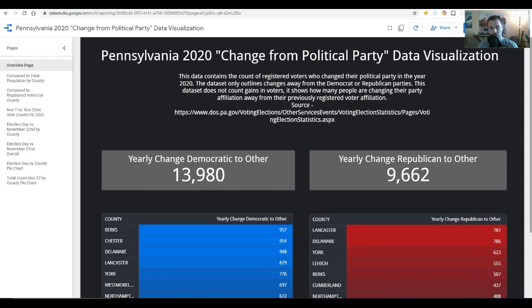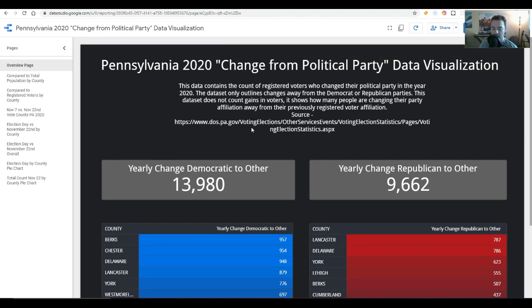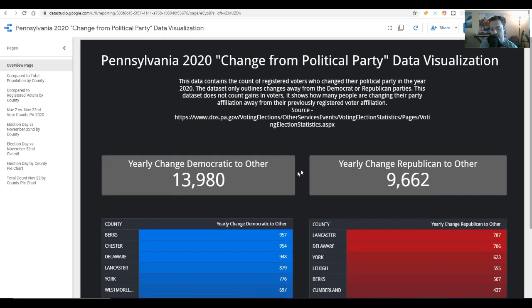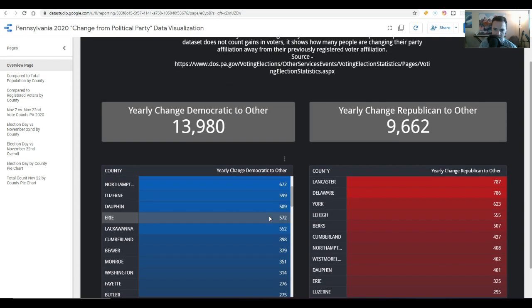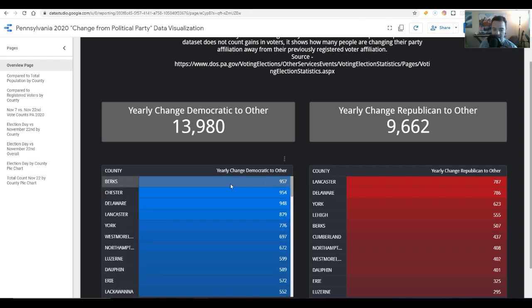Let me explain this first page. I kept the visualization really simple, and I kept a total sum of everything. But you can scroll through each county, and I have this sorted by highest change at the top, for each party.